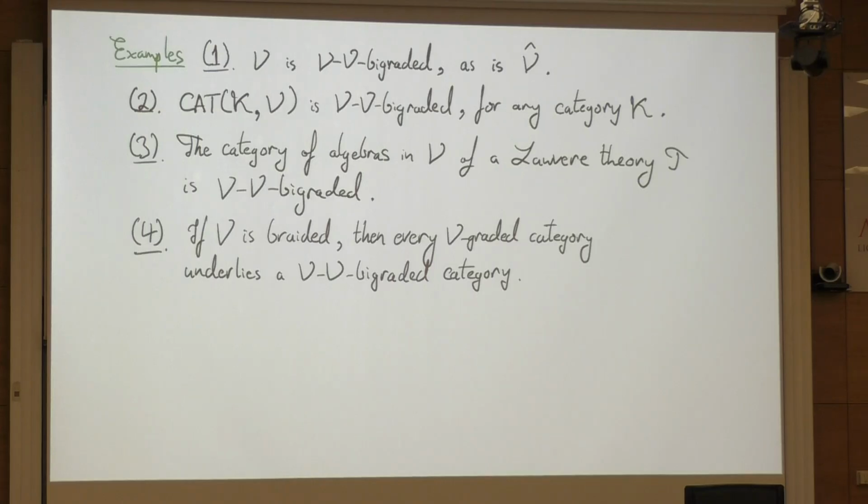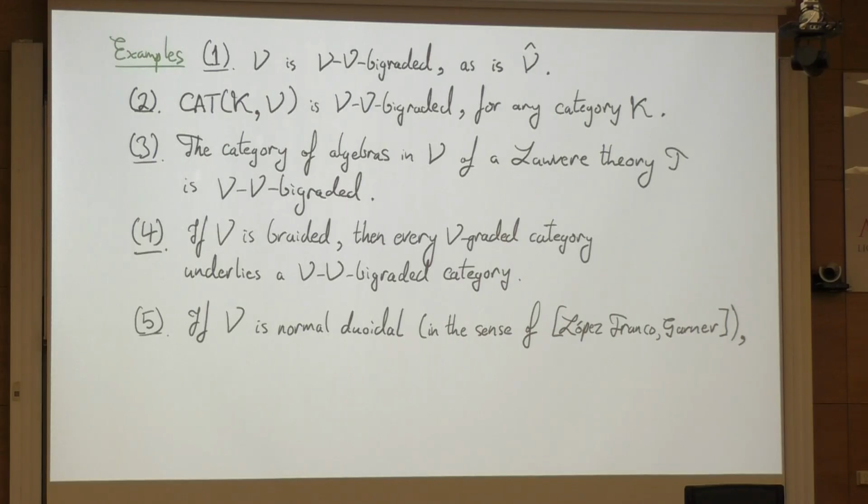Yeah, thanks. In the special case where V is a braided monoidal category, every V-graded category underlies a V-W-bigraded category. Every V-graded category is canonically V-W-bigraded.